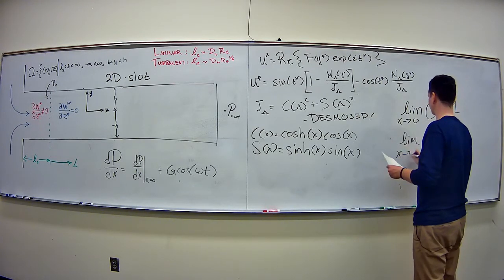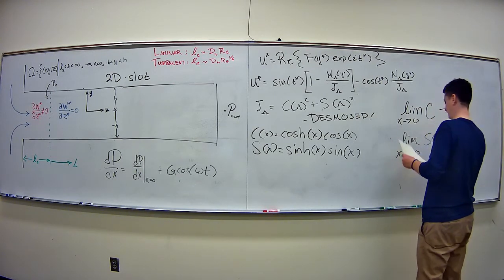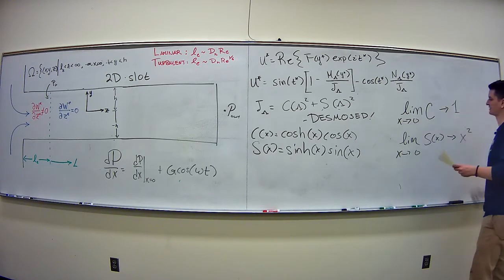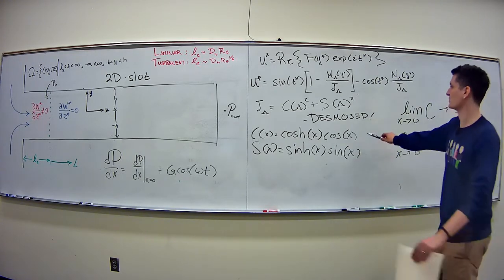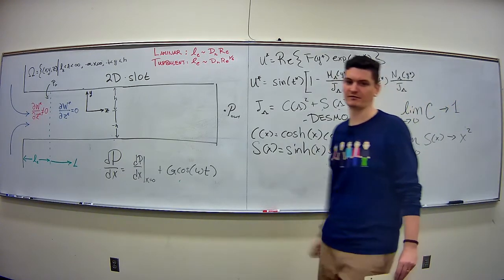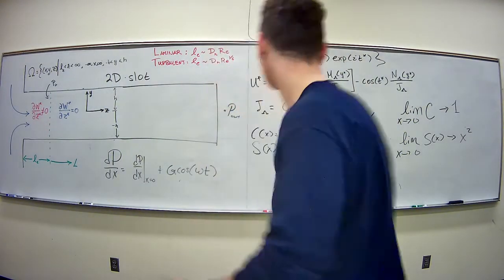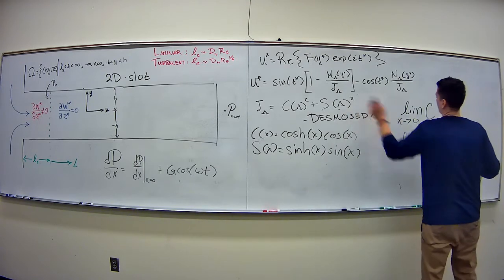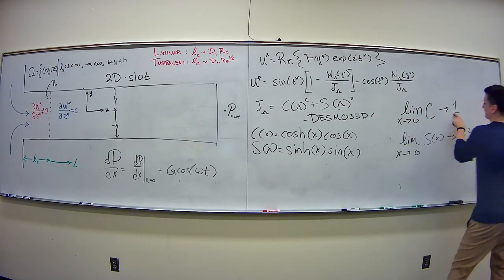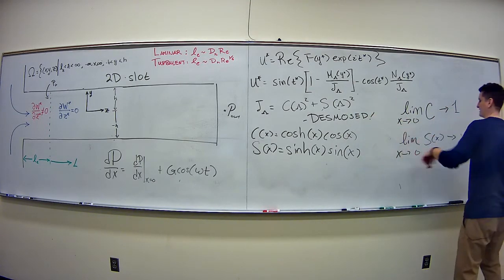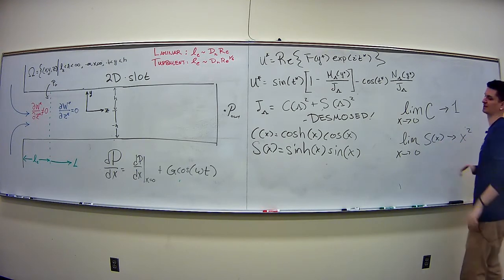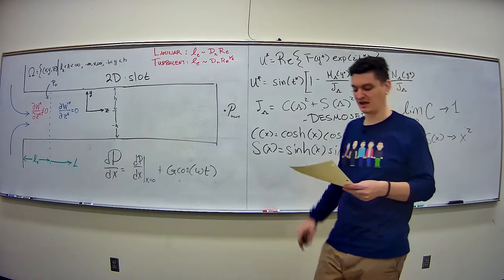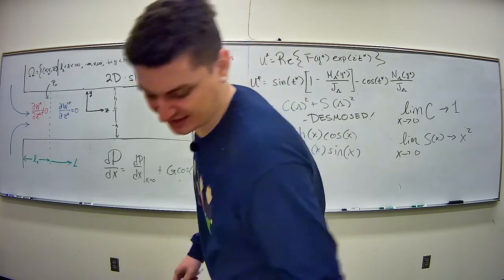And as this goes to 0, this looks like x squared. No interpretation would come from that original expression that we wrote down. Here's where I can say things, because this is just a function. Now I can see that as my gamma value goes down to 0, this term looks like 1. And as gamma goes down to 0, these S terms look like just x squared, getting better. I can look at more effects of things like that.